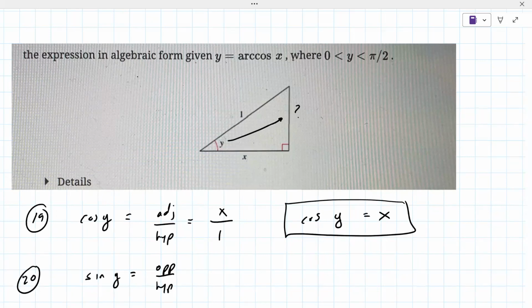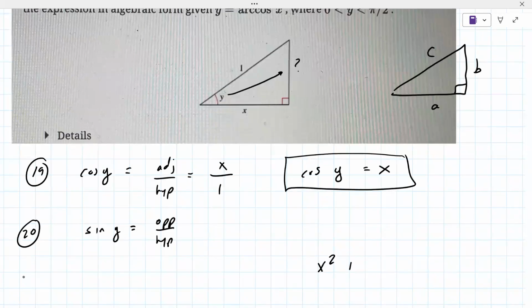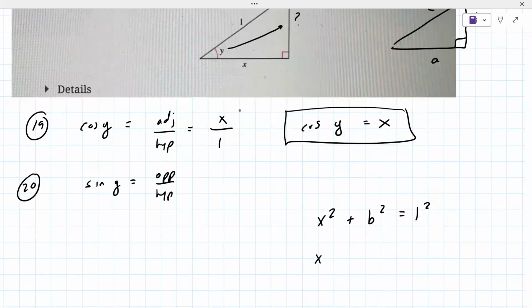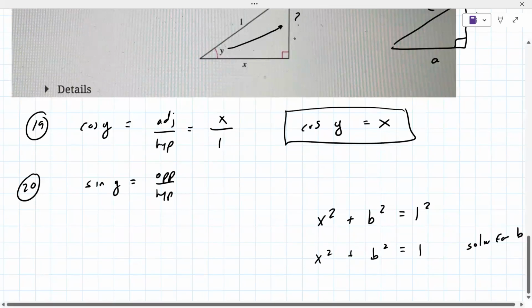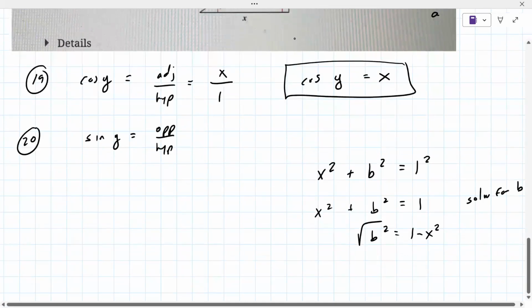So what is it? Well, use the Pythagorean theorem to solve. And if you haven't done this in a while, to solve for this missing side, you say, okay, it's x squared plus b squared equals 1 squared. So you have x squared plus b squared equals 1, and you're solving for b. You're solving for this other leg here. So b squared equals 1 minus x squared, and then to solve for b, you take the square root of both sides.